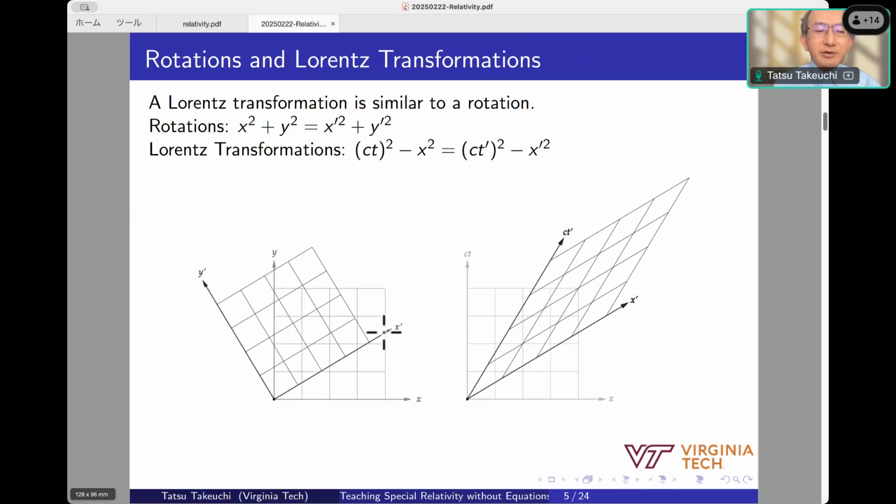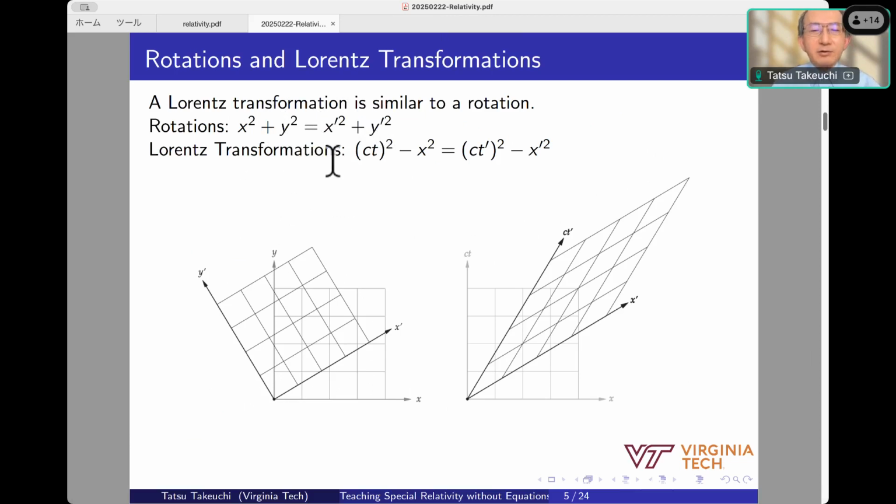On a two-dimensional plane, you can associate two coordinates x and y to any point, but naturally the two numbers you'll be using will be different depending on which coordinate system you're using. In the case of rotations, x squared plus y squared is equal to x prime squared plus y prime squared, because the distance from the origin is invariant.